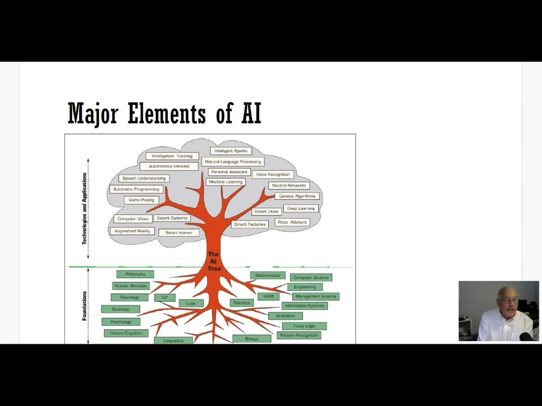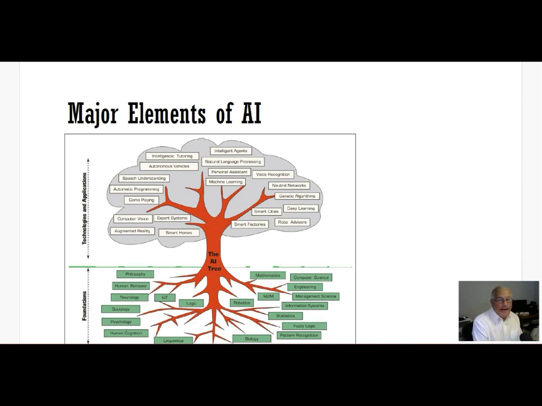This is the technology part of it. This is kind of how all this stuff comes together. On the top part are the branches: autonomous vehicles, intelligent agents, natural language, machine learning, genetics, deep learning.